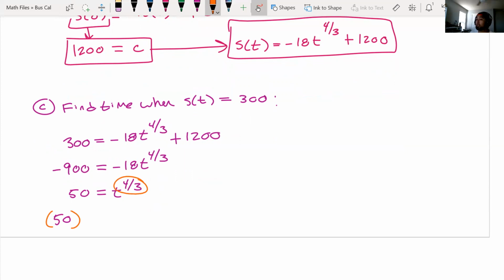So if this exponent is 4/3, to get rid of it, you're going to raise everything to the 3/4. And I'll show you how that works.